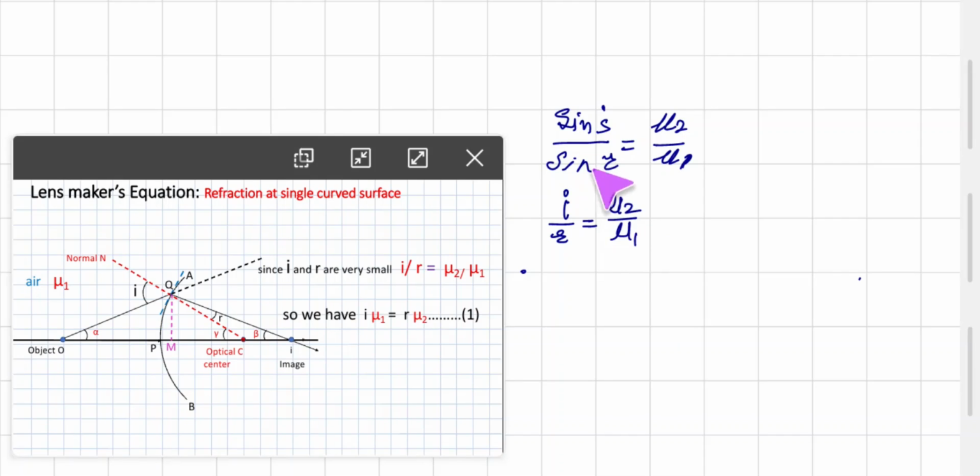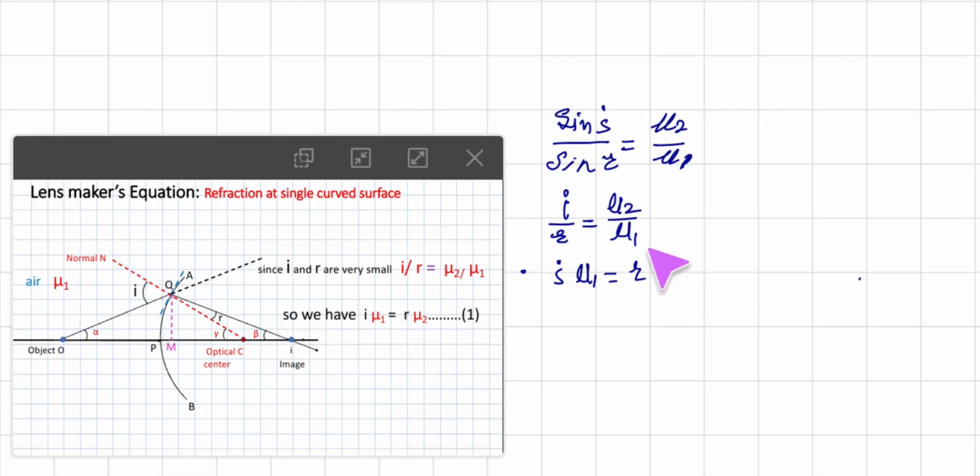So from this we can say that I into mu 1 is equal to R into mu 2, and this one equation we get from this relation.